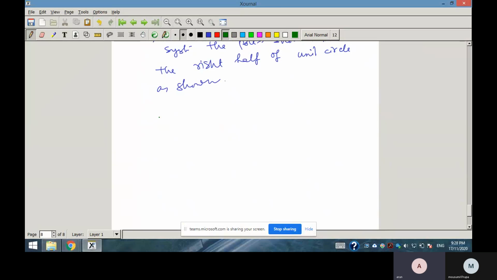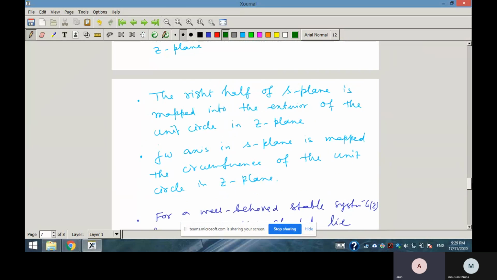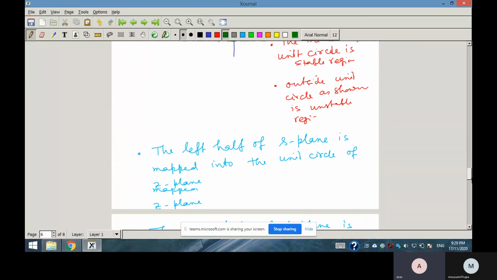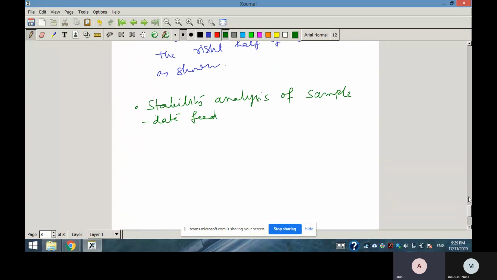So stability analysis of a sampled data feedback system. We have seen that for a stable G(z), the poles should lie within the unit circle. Now for the sampled data feedback system, how do you analyze stability?